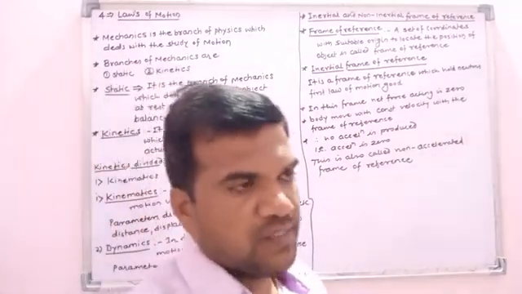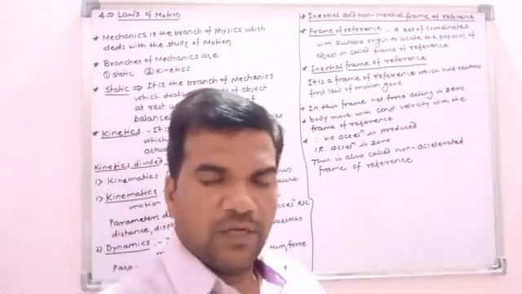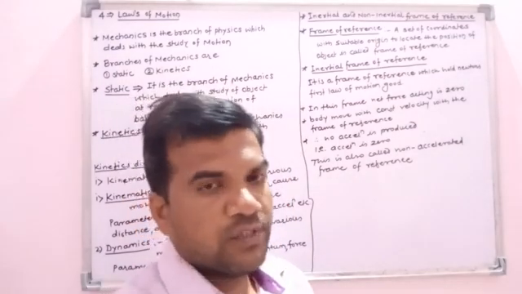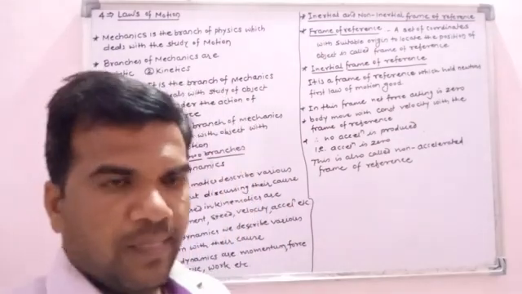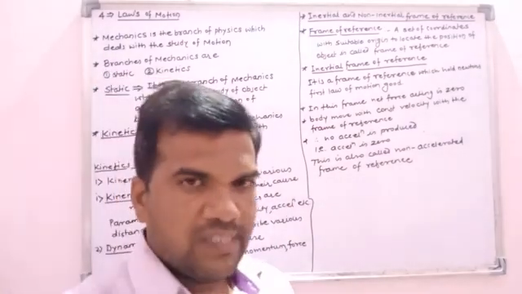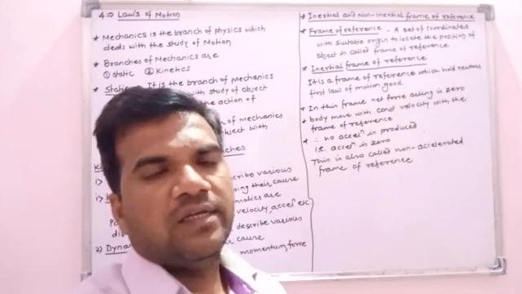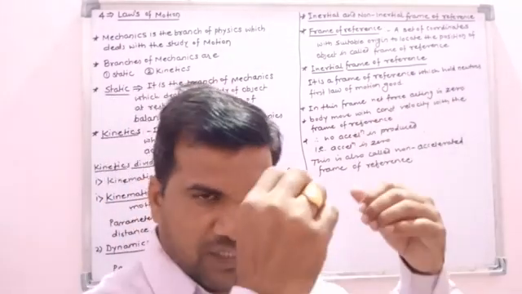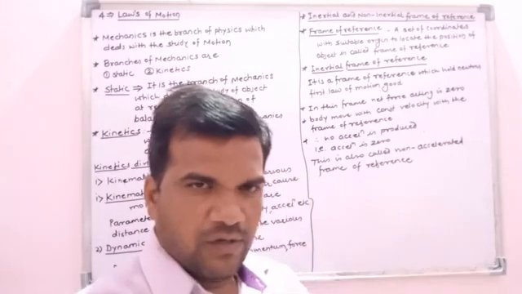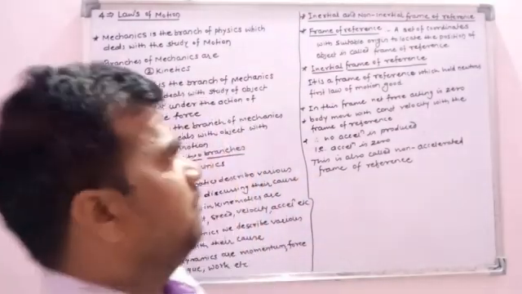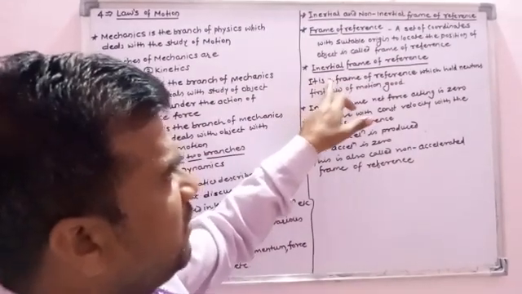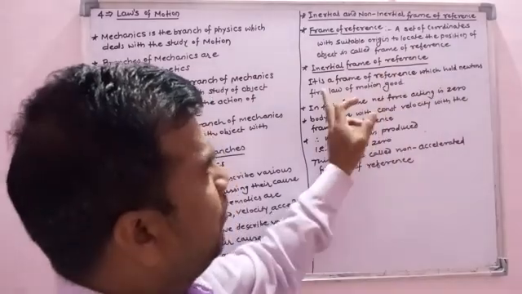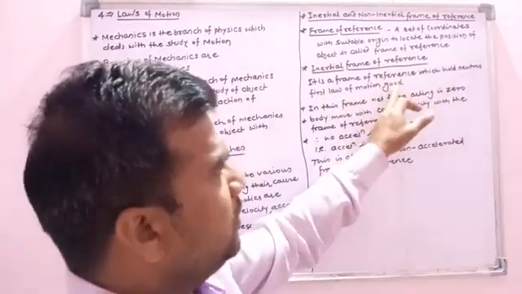So the inertial frame of reference can be defined as one in which Newton's first law of motion holds good, because Newton's first law of motion is nothing but the law of inertia. Unless an external force acts, a body remains in its position, either in a state of rest or in a state of uniform motion.